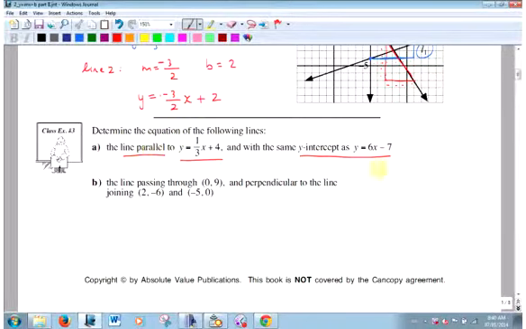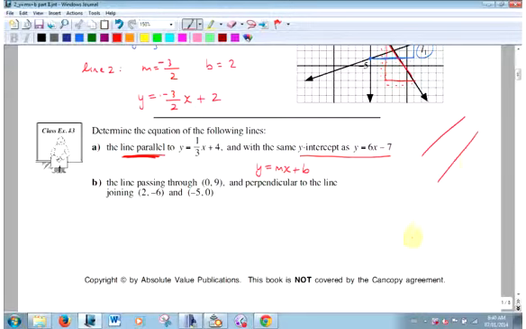Okay? We want the equation of a line, and then again, this is the only form you know so far, so that's the form you're going to put it in. But in a few days, you got to pay attention to what form they want it in too. All right? I need to know the slope. Something parallel to this. Well, if it's parallel, what do we know about the slopes? They're the same. Okay?